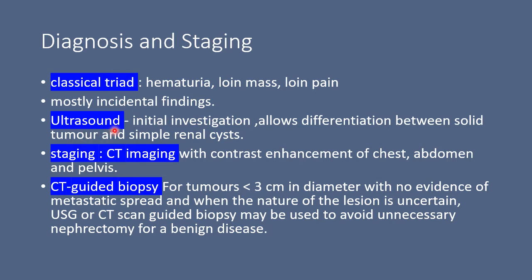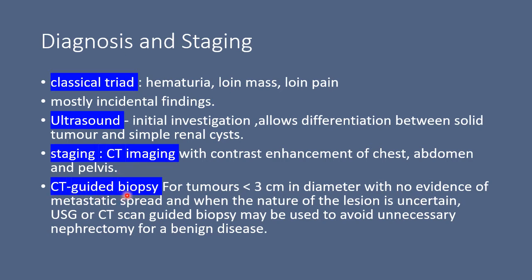Ultrasound, the initial investigation of choice, allows differentiation between solid tumor and simple renal cyst, whereas staging CT scan imaging with contrast enhancement of the chest, abdomen, and pelvis is very good in detecting metastasis in these areas.